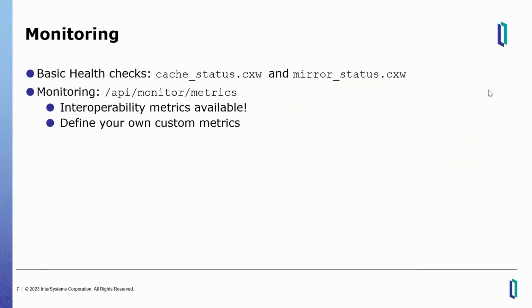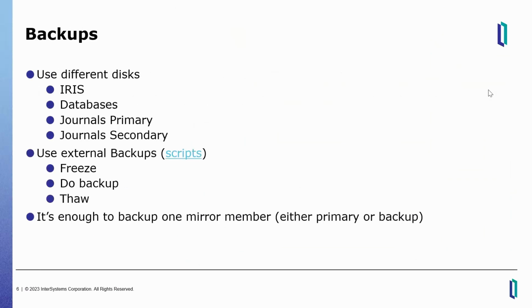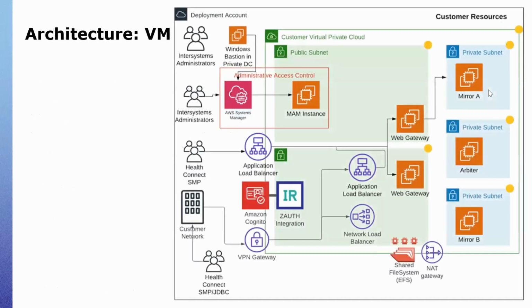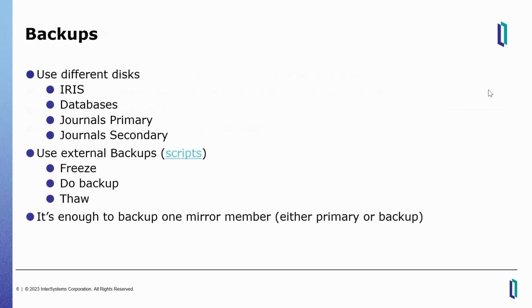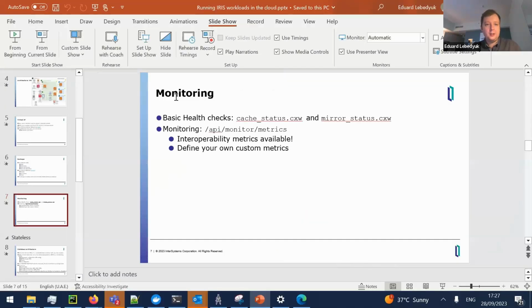Hi, Eduard. This is Guillaume. What are the cache status and mirror status endpoints? For the monitoring part, you have OpenTelemetry, that's neat, but what are the basic health checks? Oh, yeah.